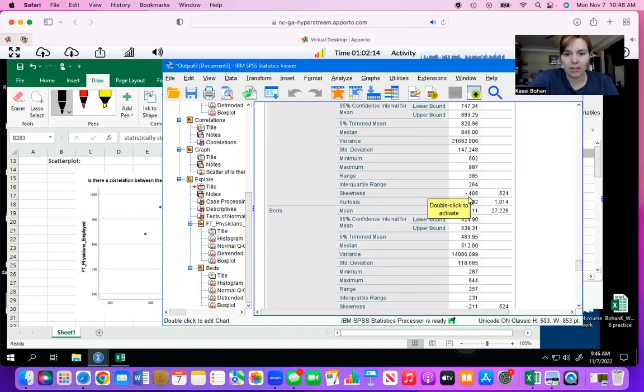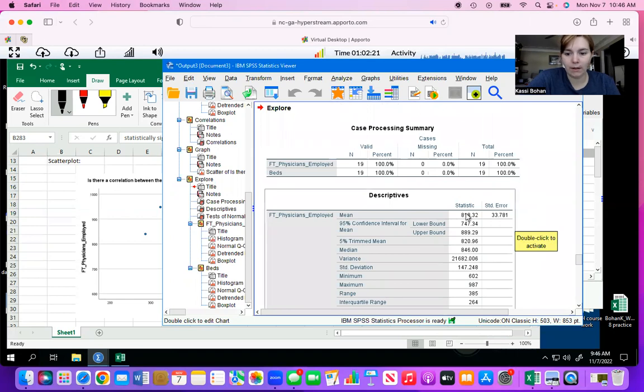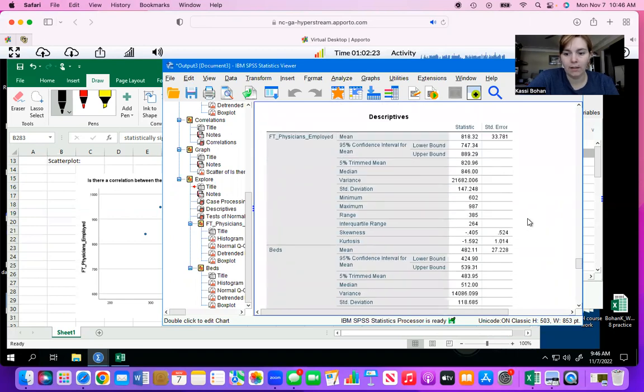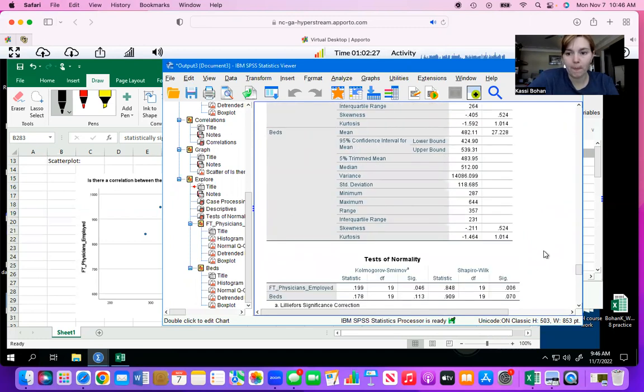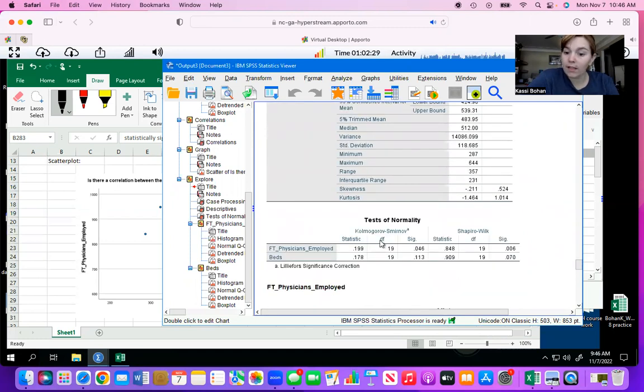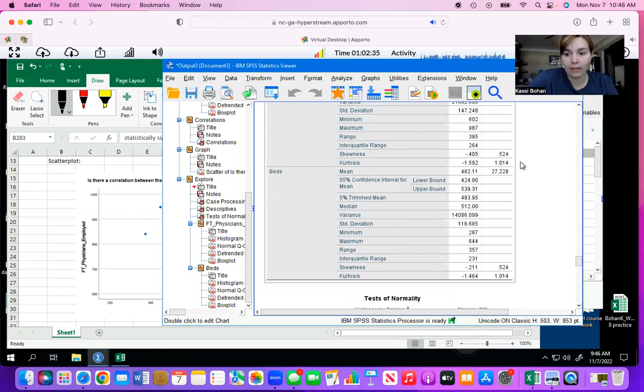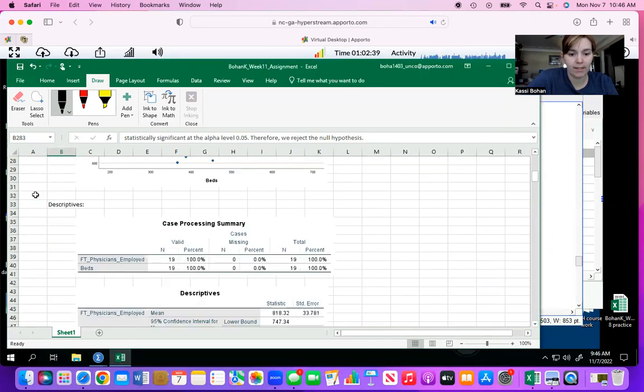It looks like the average number of full-time employees is 118, and the average number of beds is 482. It looks like it is normal data. I also calculated to make sure our information was within 1.96.